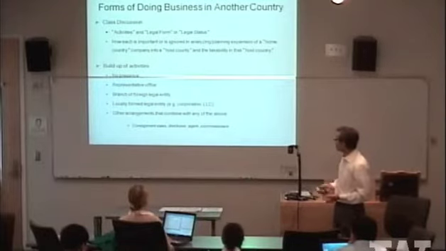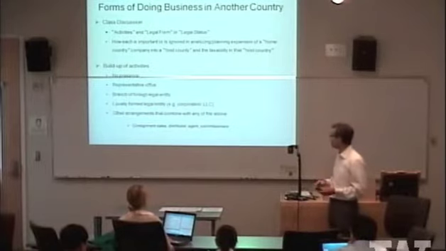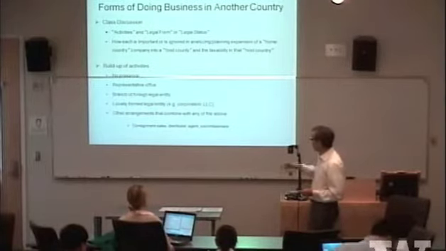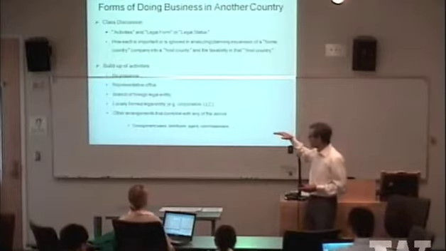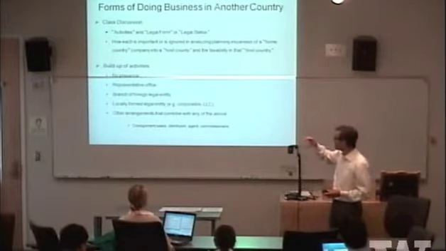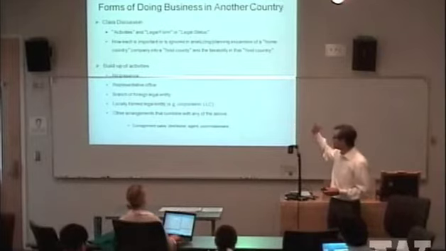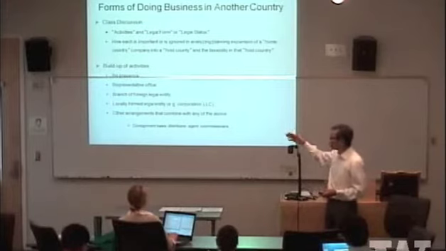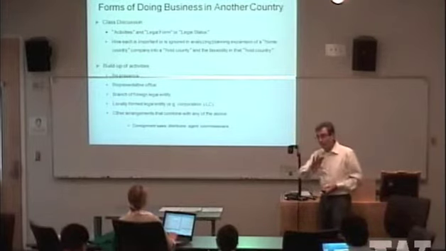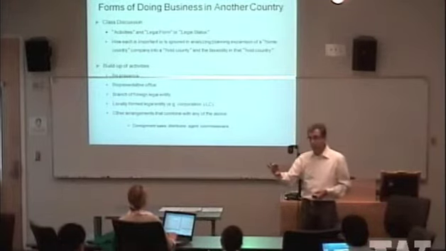Now, notice the bottom part of the slide. We will build up the activities and we will intersperse that with these different, call it the status or legal form, which I first entitled no presence.